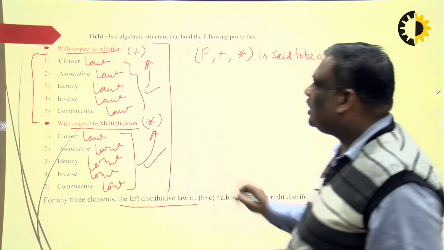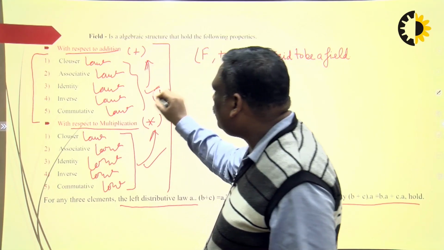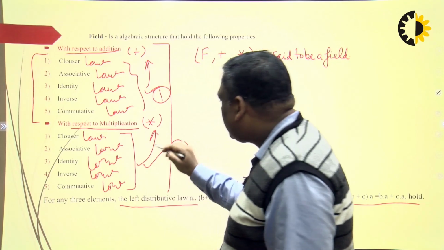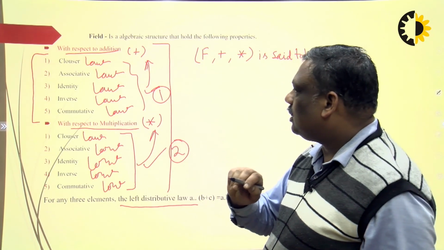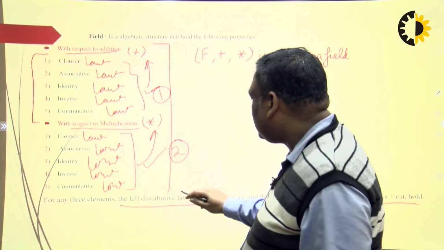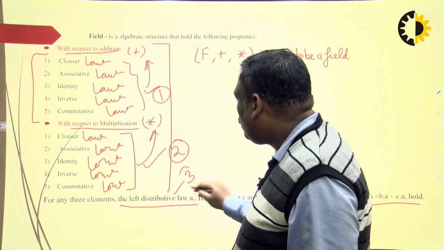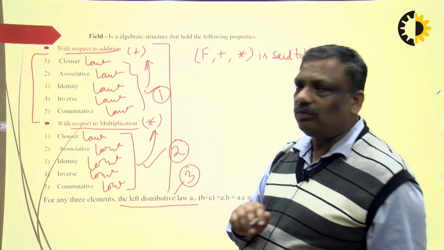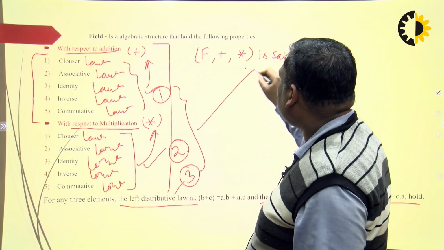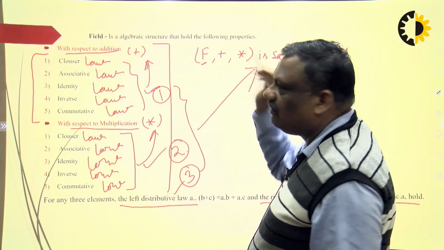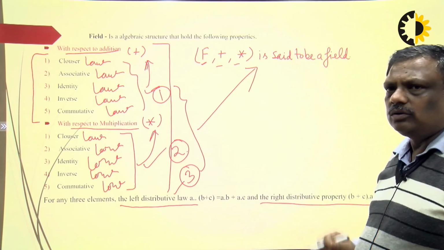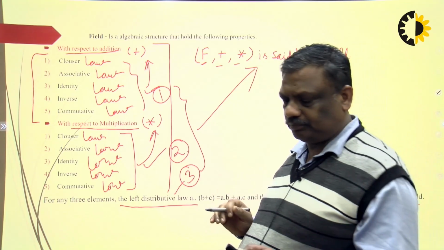That means the first is an abelian group with respect to addition, the second is an abelian group with respect to multiplication, and the third one is that it holds the distributive law. Therefore, if it holds the three properties, we can say that F is a field with respect to addition and multiplication. So, one by one we can elaborate it.